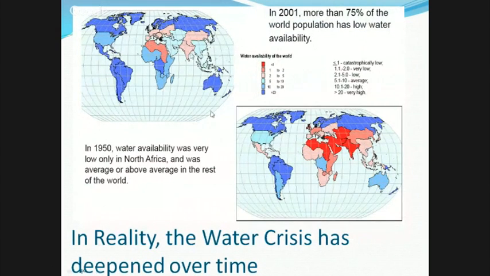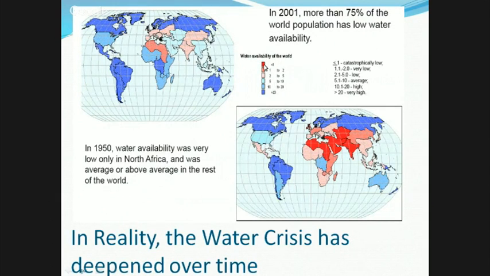This is one particular graph. You see what it was in 1950. The areas which are shown in blue are the areas where sufficient water was available. And what has happened in 2001? You will see most of the areas have turned water scarce, where the availability of water is low.